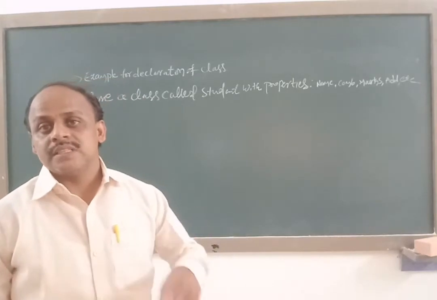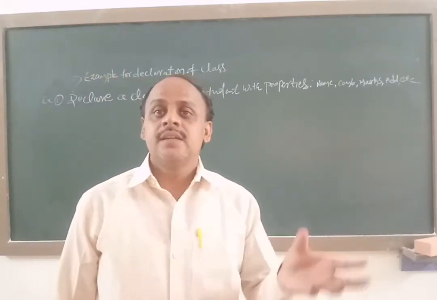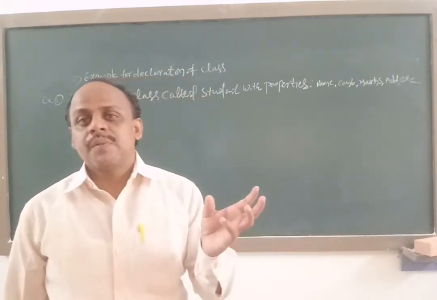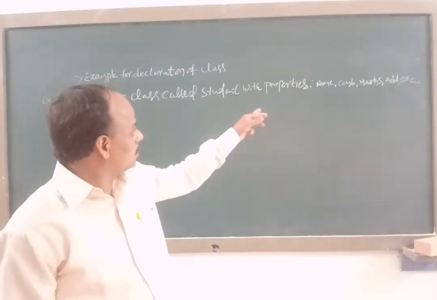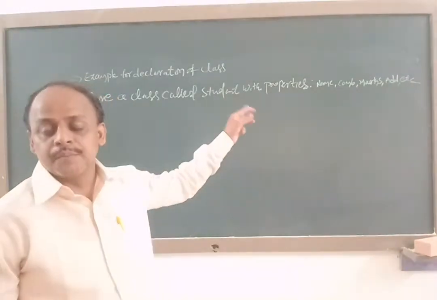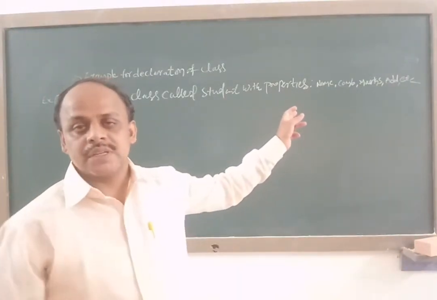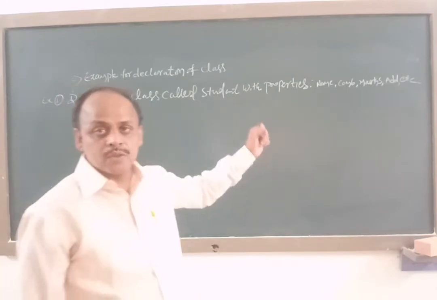Then in such situations we have to consider needed data members as well as member functions. Here properties are given. Properties means data members are given, so consider those things here.